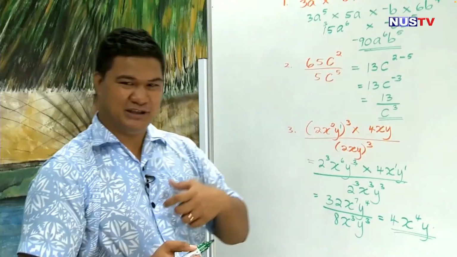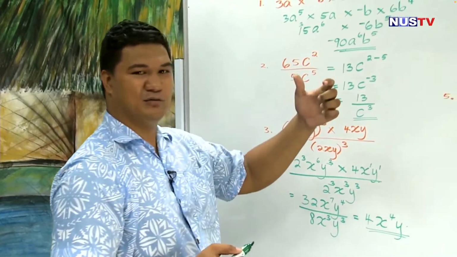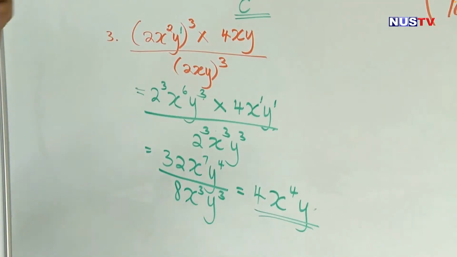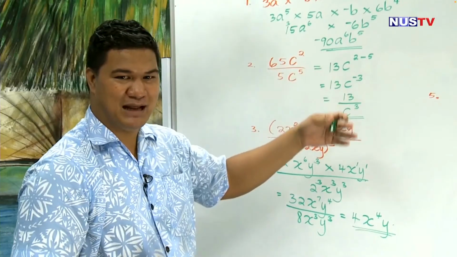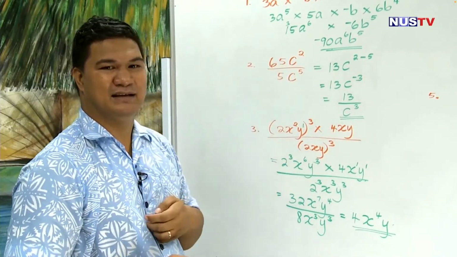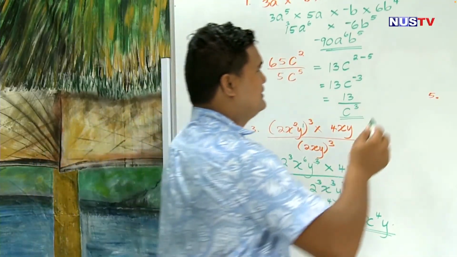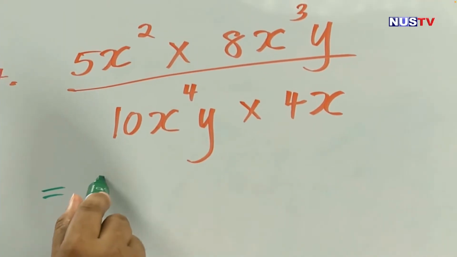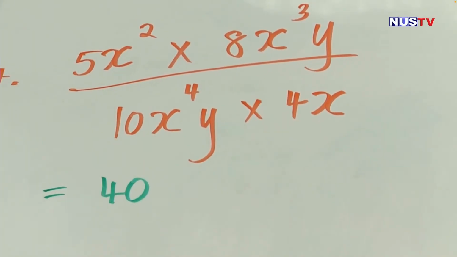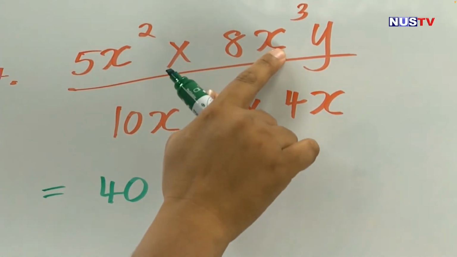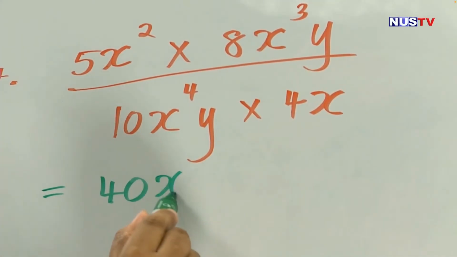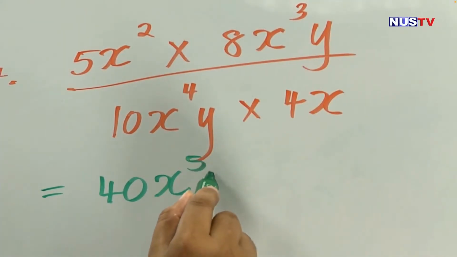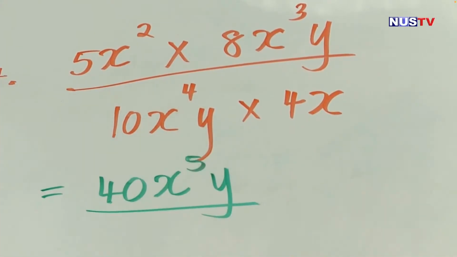The next one will be a little bit more complicated, but when we use the laws that we discussed earlier, it will be easy for us to apply them and get a simplified answer. The top one here, we have 5 multiplied by 8. The answer will be 40. x to the power of 2 times x to the power of 3 will be x to the power of 5. And then we have our last y there to put down.